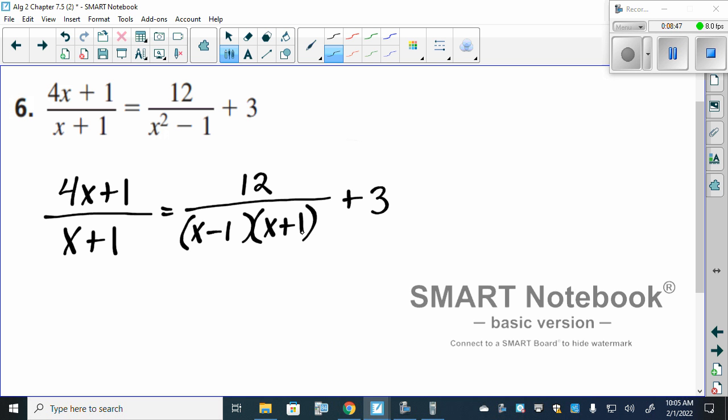Now, if we'd multiplied everything through by the x squared minus 1, we would eventually get to the correct answer. But we would have added an extra factor of x plus 1 into each term, or at least into the other two. Because looking at all the denominators, how many times does x plus 1 appear?